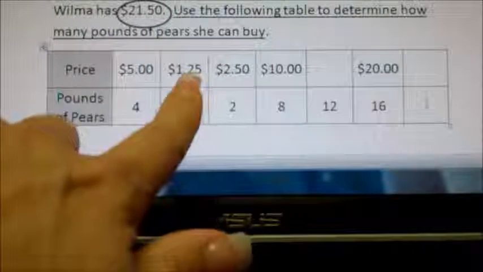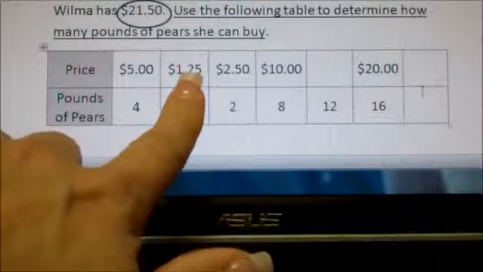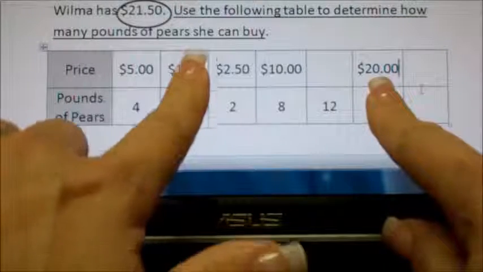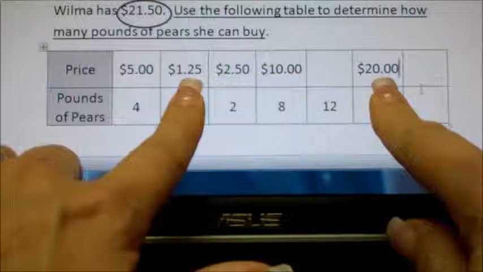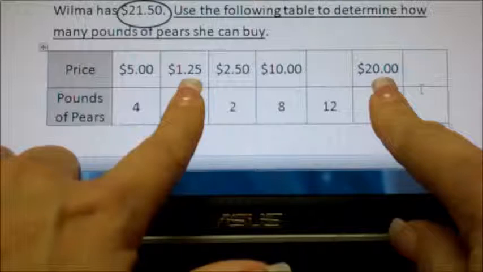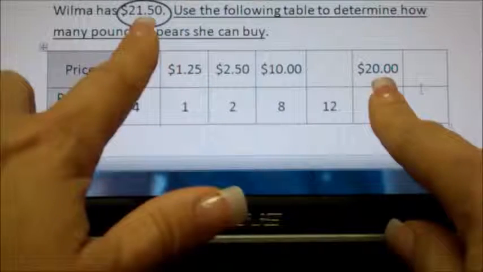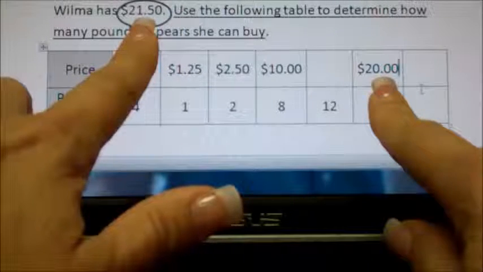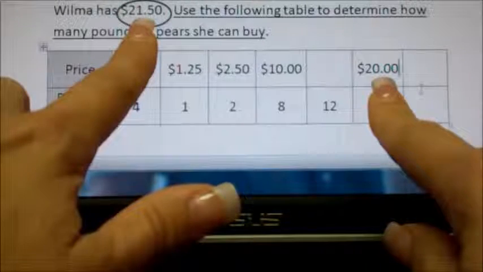Look, $1.25. If I add $20 plus $1.25, that would be $21.25, which is close to $21.50, and it does not go over.